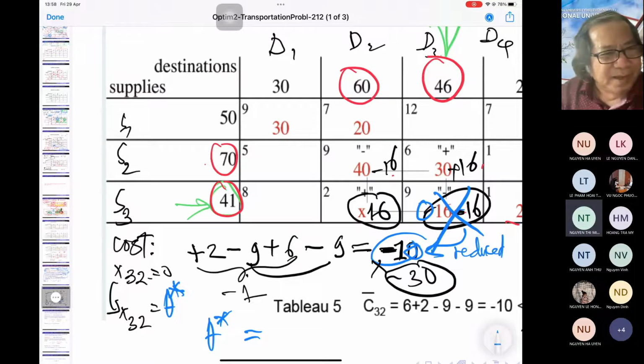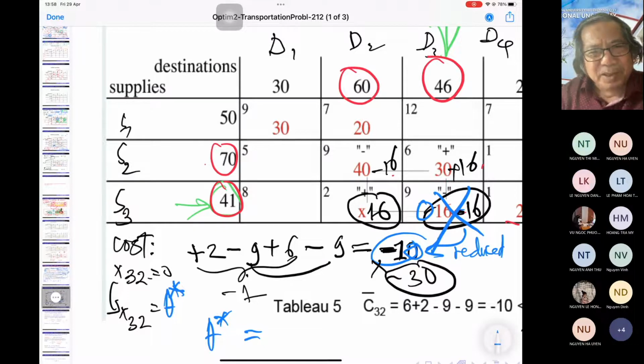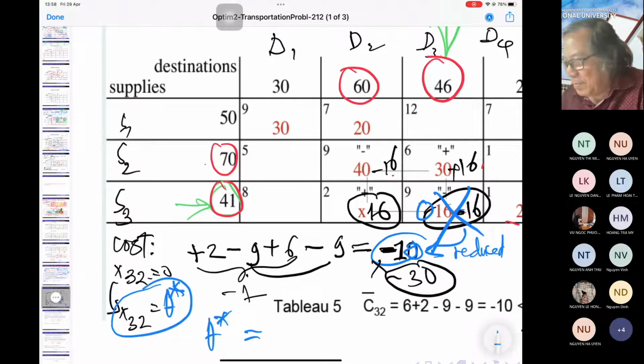Who is it? It's Minh Thư. Nguyễn Thị Minh Thư, okay. Minh Thư, tell me what is the maximum that you can move to x32? 16. 16 is right.